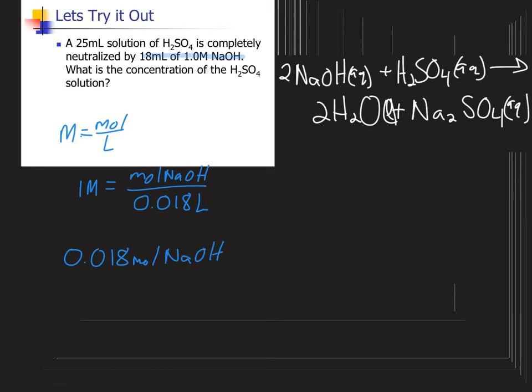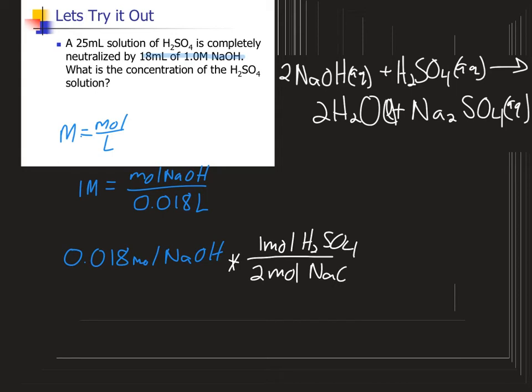So we have this here. Now I need to again utilize the mole to mole calculation to convert 1 mole of sulfuric acid, and again the 1 came from the balanced chemical reaction, and 2 moles of sodium hydroxide.